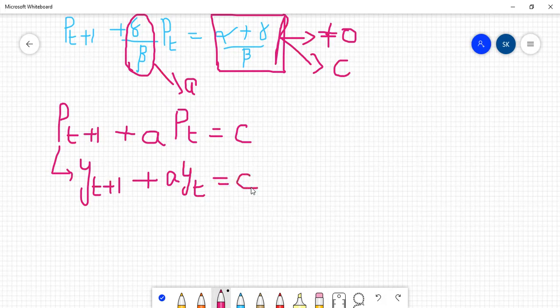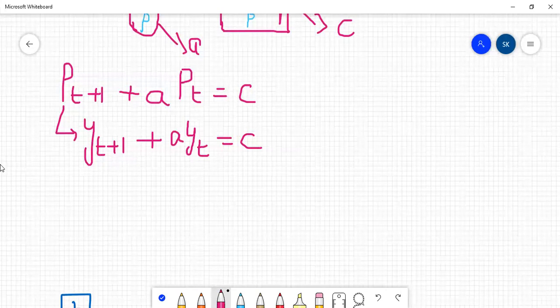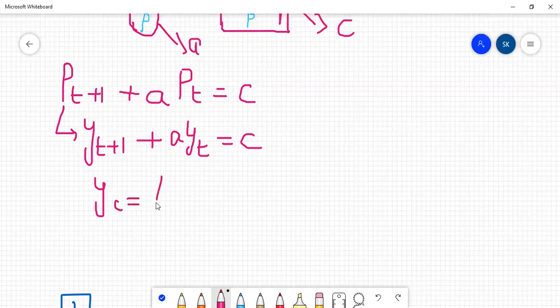Now we will get two types of solutions. The first one is the complementary solution, yc = A(-a)^t.